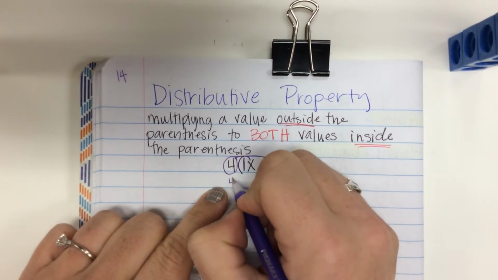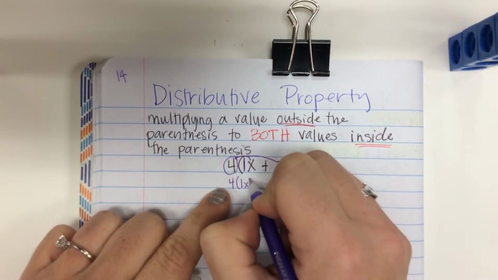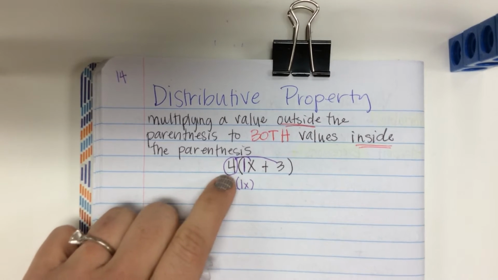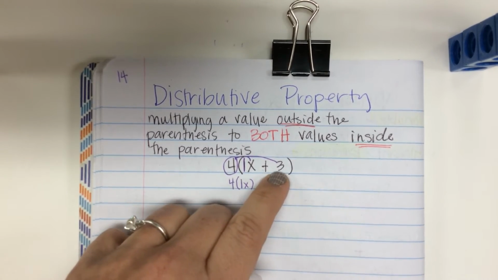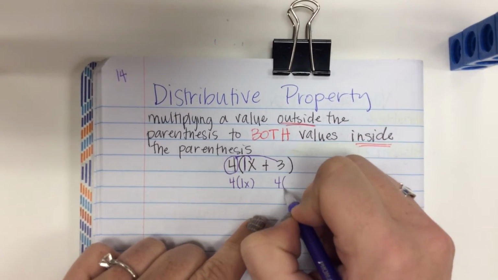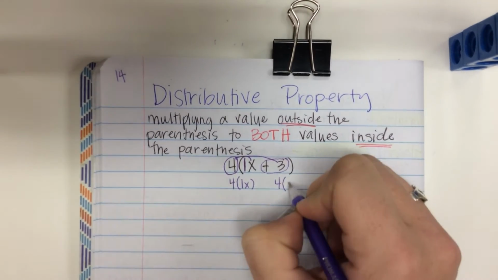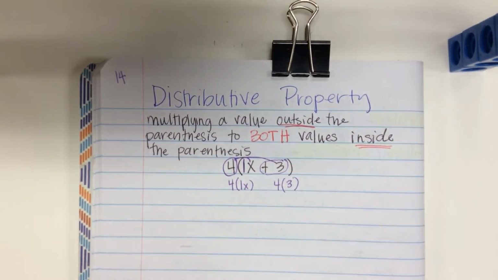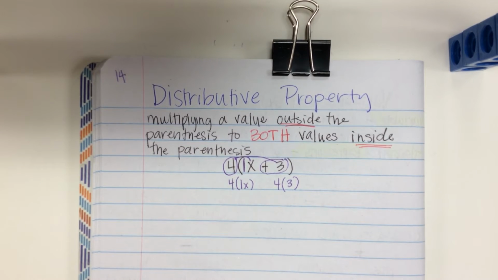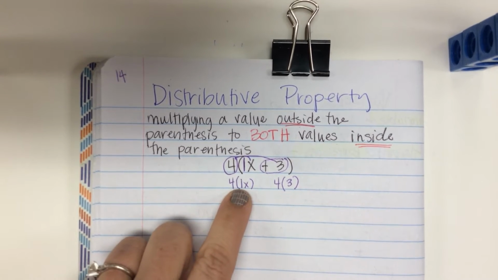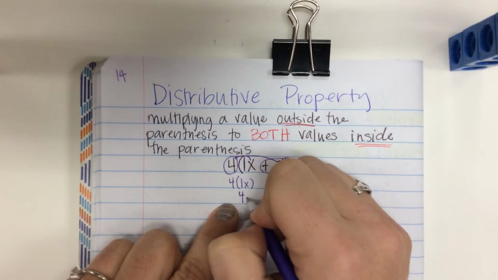So I'm going to take 4 times 1x, and I'm going to do 4 times, and remember, that's a positive 3. 4 times 1 is 4x.